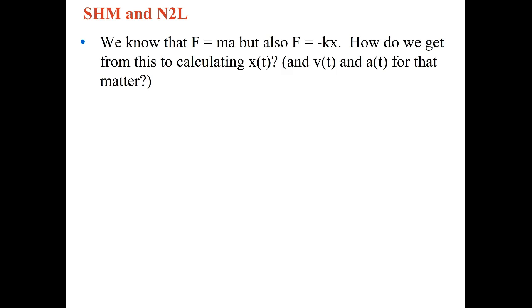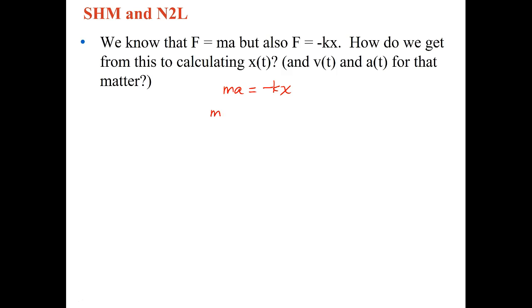Okay, so we know that F is equal to ma, but it's also equal to negative kx. How then do we get to this, and how do we calculate x of t? So basically what we do is we write that ma is equal to negative kx. And what we recognize is that a is really a derivative.